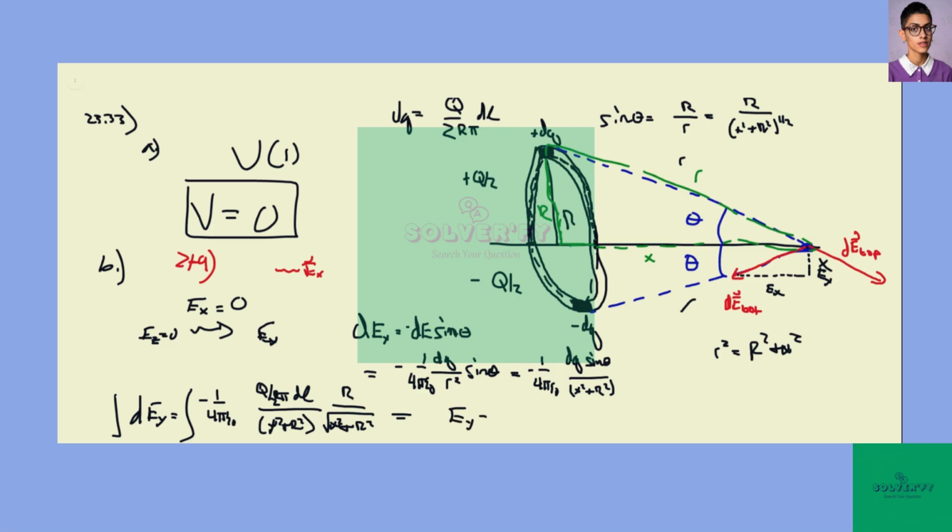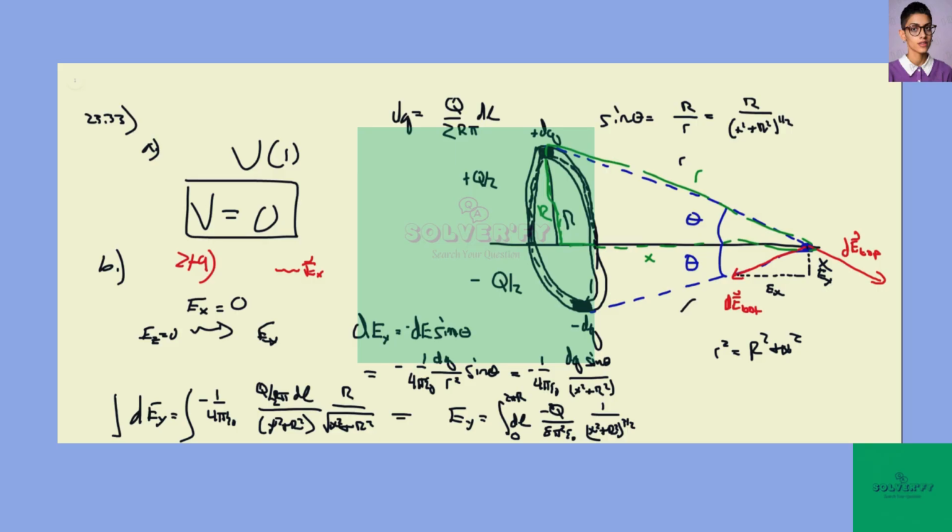So we have Ey now is the integral from 0 to 2 pi R, all the way around the whole ring, of dl, times -Q over 8 pi squared epsilon naught, 1 over x squared plus R squared, all to the 3/2, and we already wrote dl.